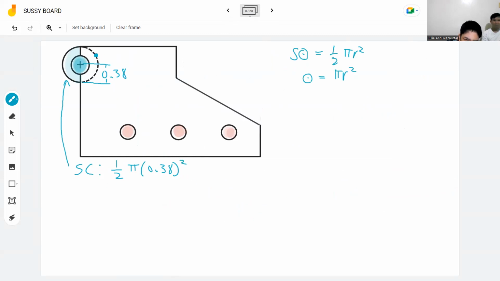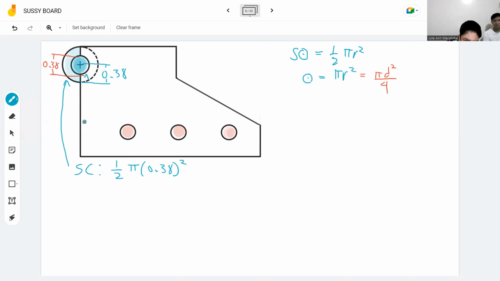And then this smaller red circle has a diameter of 0.38. So equivalently, this is equal to pi times diameter squared over 4. That is a formula. Yes.